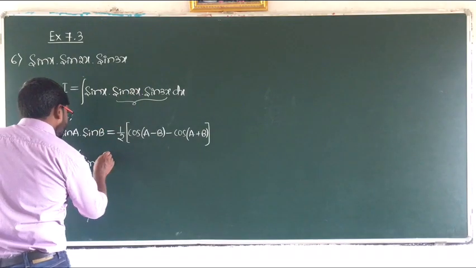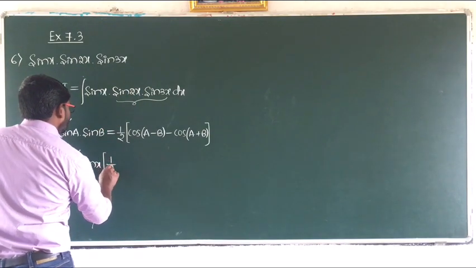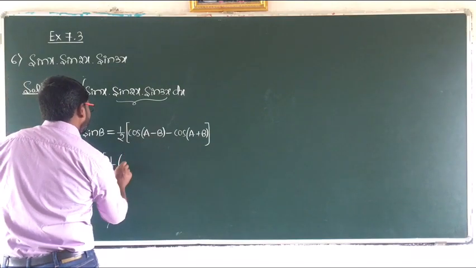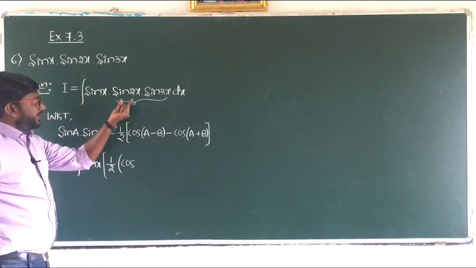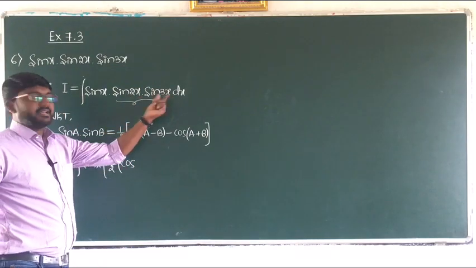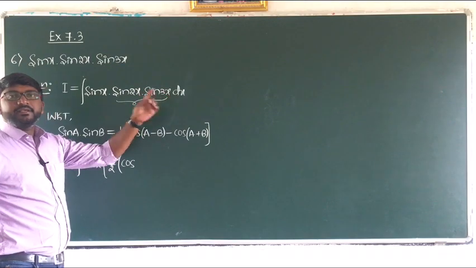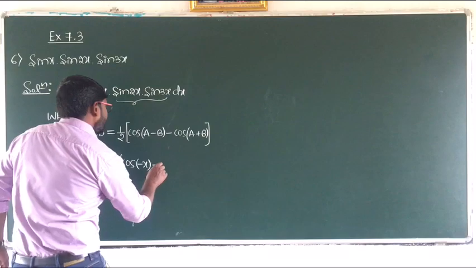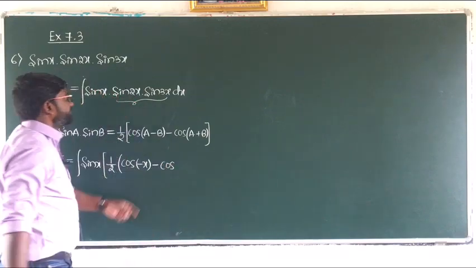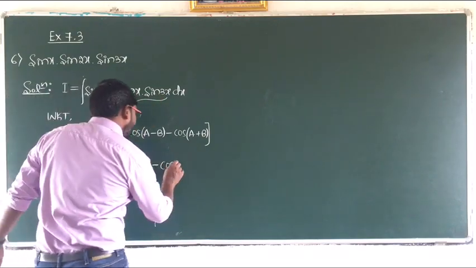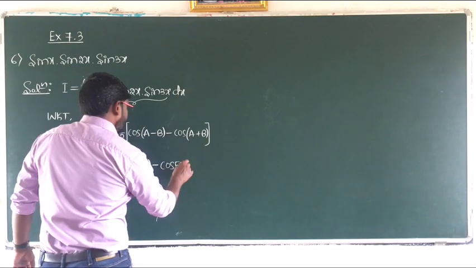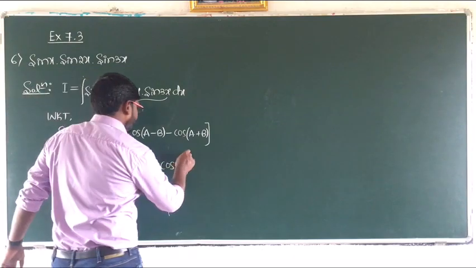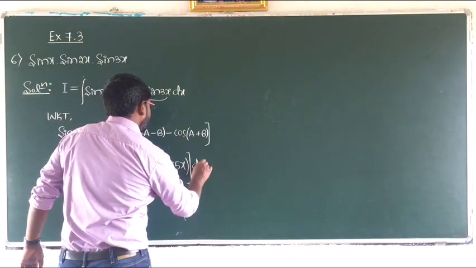So here becomes 1 by 2 inside the bracket cos of A minus B, A it is 2x, B it is 3x. 2x minus 3x will be minus x, then minus cos of A plus B, 2x plus 3x will be 5x. So close this round bracket and we have to close the square bracket, then dx.